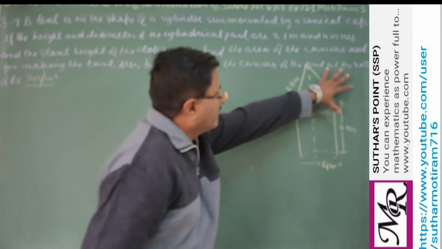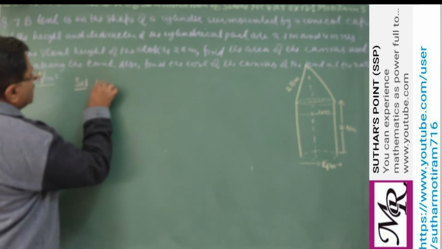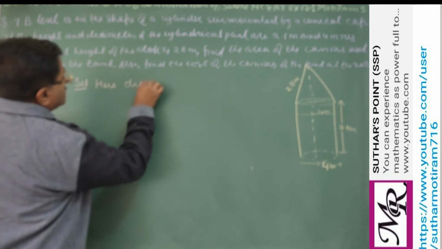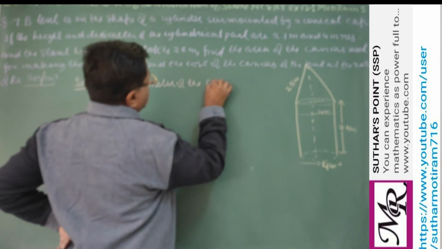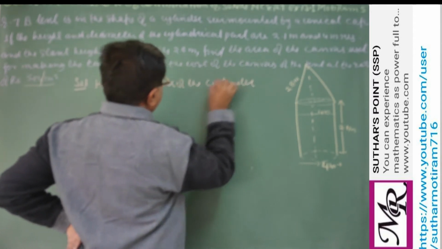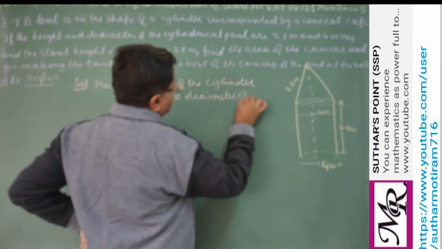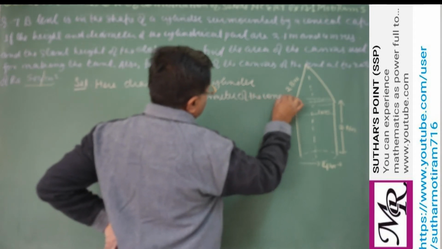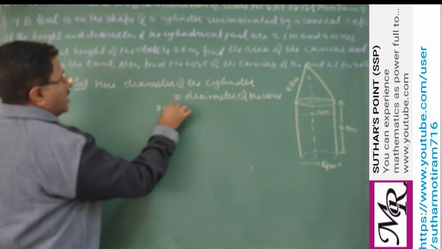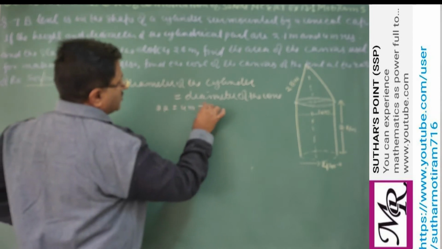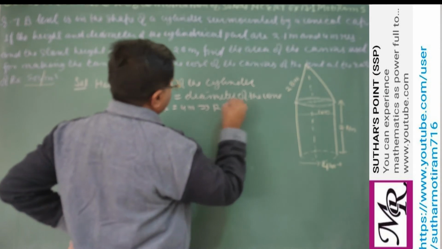So dear students, from the figure we are clear that, in the solution, write here: the diameter of the cylinder is also equal to the diameter of the cone, because both have a common base. So the diameter will be the same. So you can say 2r is equal to 4 meter. So from this we get the radius of both as 2 meter.